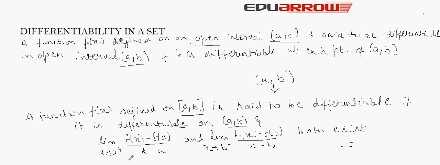In other words, the right hand derivative at a should exist, the left hand derivative at b should also exist, and it should be differentiable on the open interval (a, b). If a function satisfies all these three properties, then f(x) is said to be differentiable in the closed interval [a, b].